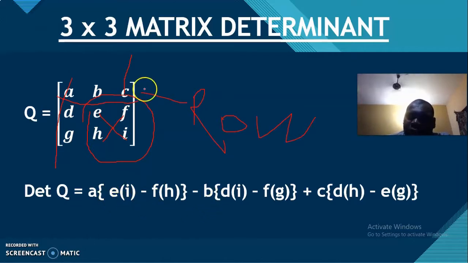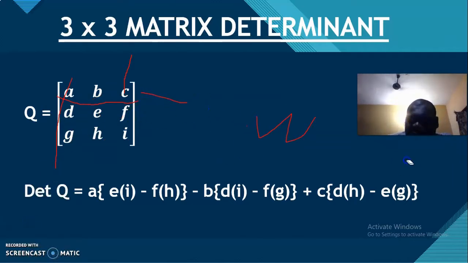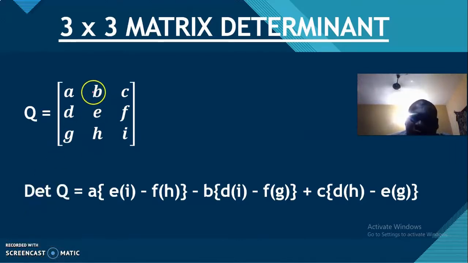For B now, let me get my eraser so that I'll be able to erase the ones I've highlighted. For B, we are going to erase this particular column of B and erase this row.